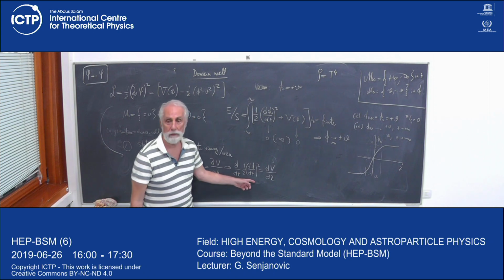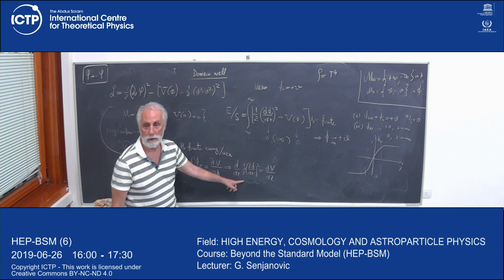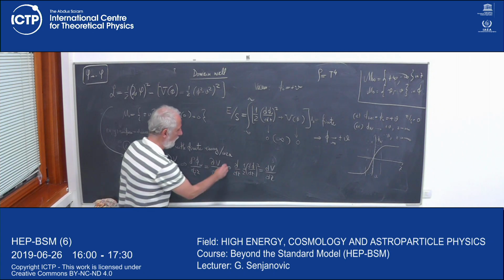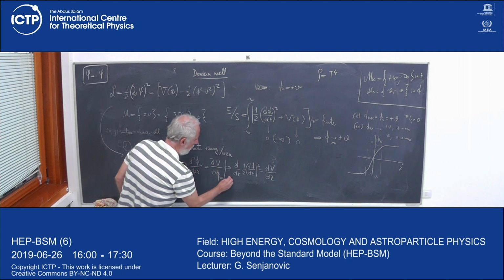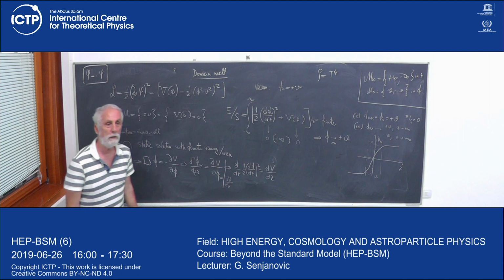What is this on the left hand side? That's the second derivative times d phi over dz. If I multiply on the left and right with d phi over dz, I get immediately this equation.